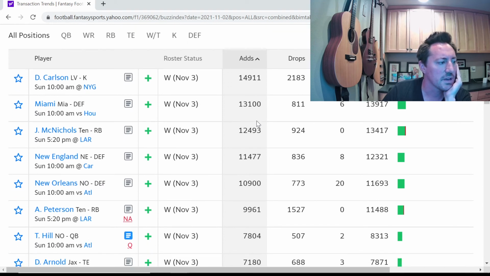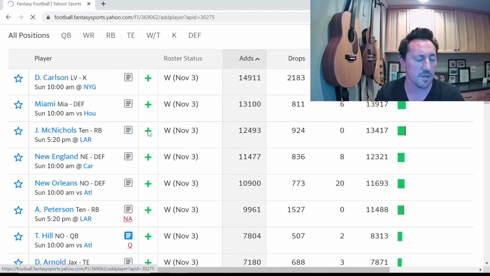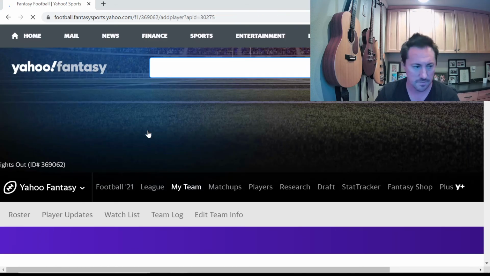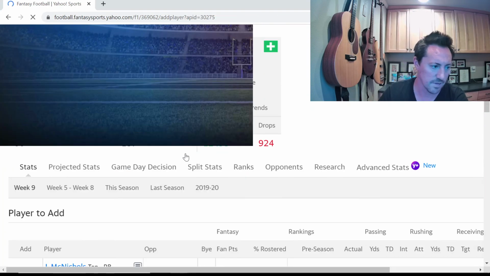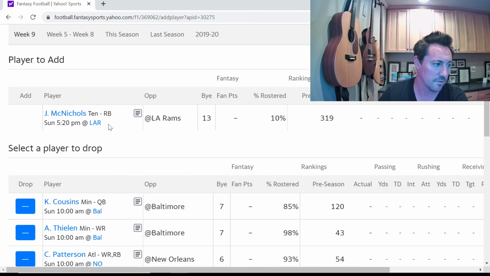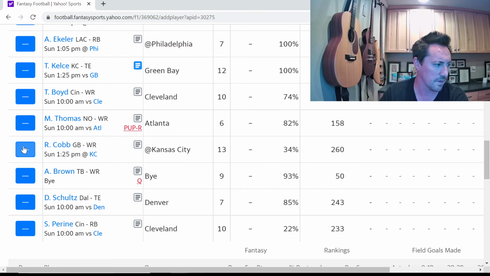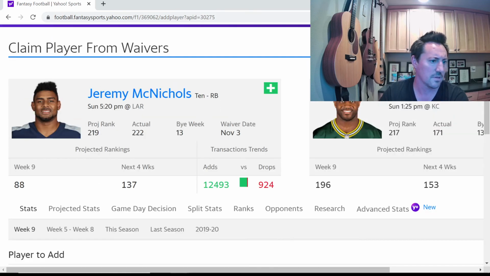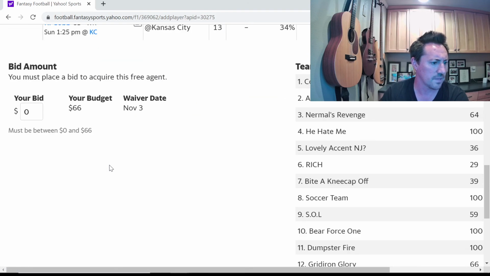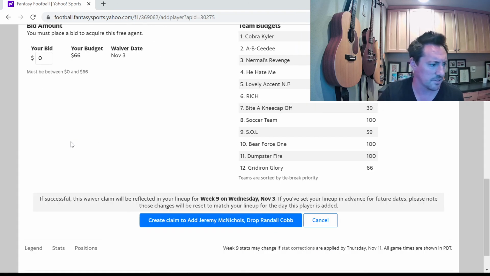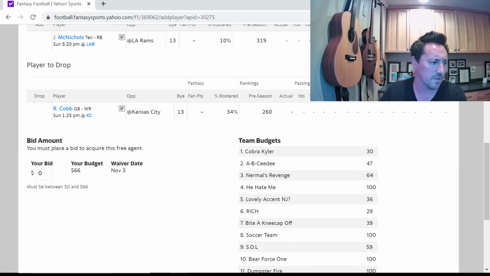So say I want to add McNichols, I'll pick him because he's actually there. He knows the playbook. He'll do some passing, and he might turn out to be a decent running back too. Who knows? So I'll do McNichols, and the person I'll drop is going to be Randall Cobb. I have enough receivers. All right, so now what you do is you just decide how much you're going to bid. So I can bid up to $66.